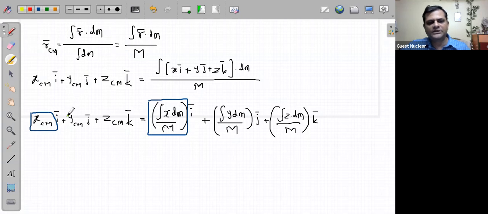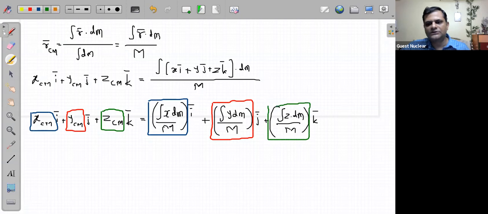Again, we can just compare the coefficient of j bar on LHS, which is y_cm, and it has to be compared with coefficient of j bar on RHS, which is going to be integration of y dm upon capital M here. And similarly, we can just compare the coefficient of k bar also on LHS as well as RHS. So as to get these three different formulae, तो ये तीन formulae हमको इस तरह से मिल सकते हैं आराम से.